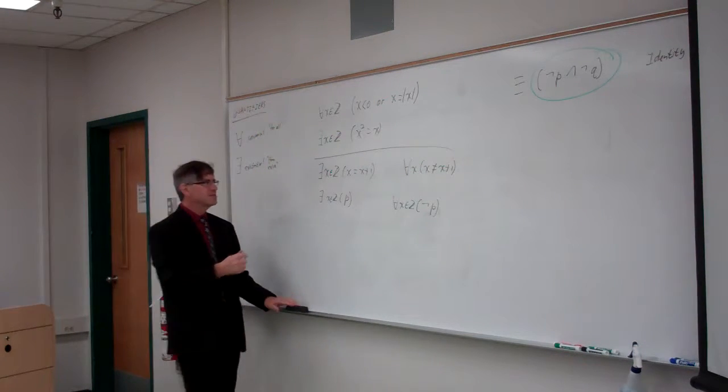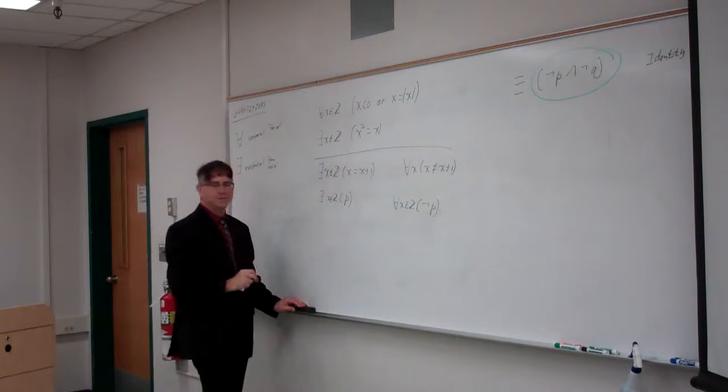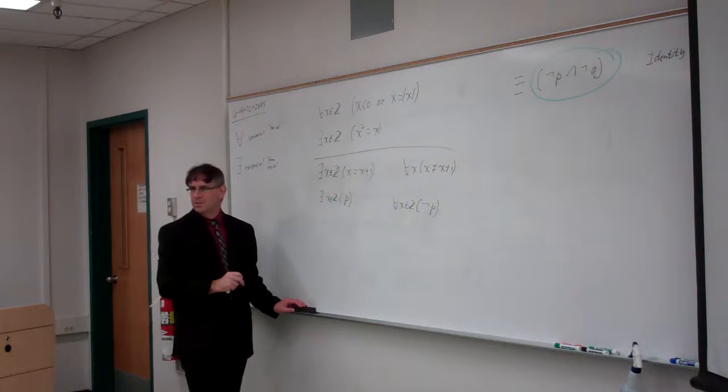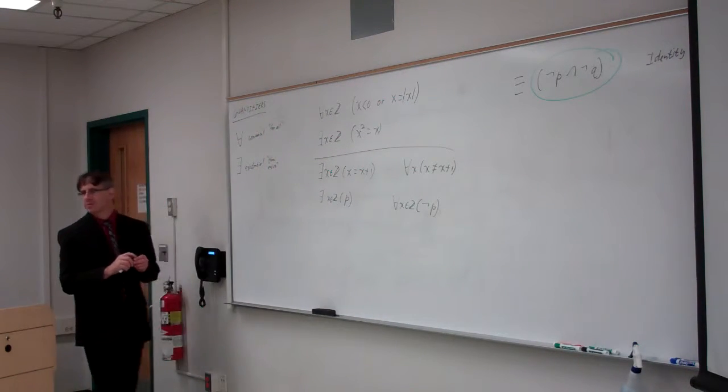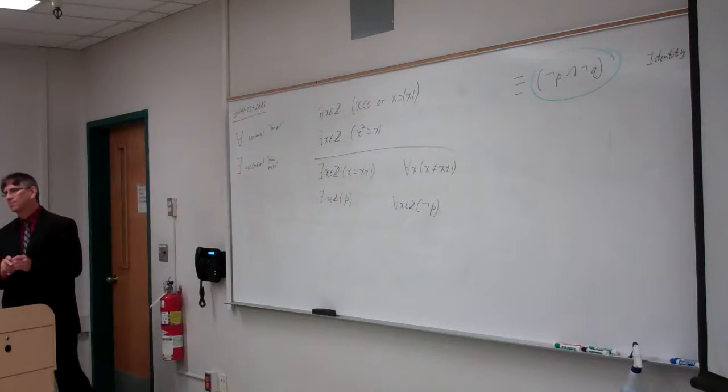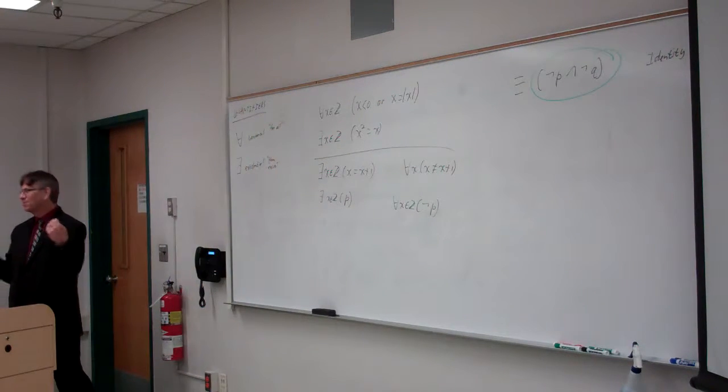If you say there exists an x such that P is true, the negation of that is for all x, P is false. So we can flip between quantifiers by using negation.